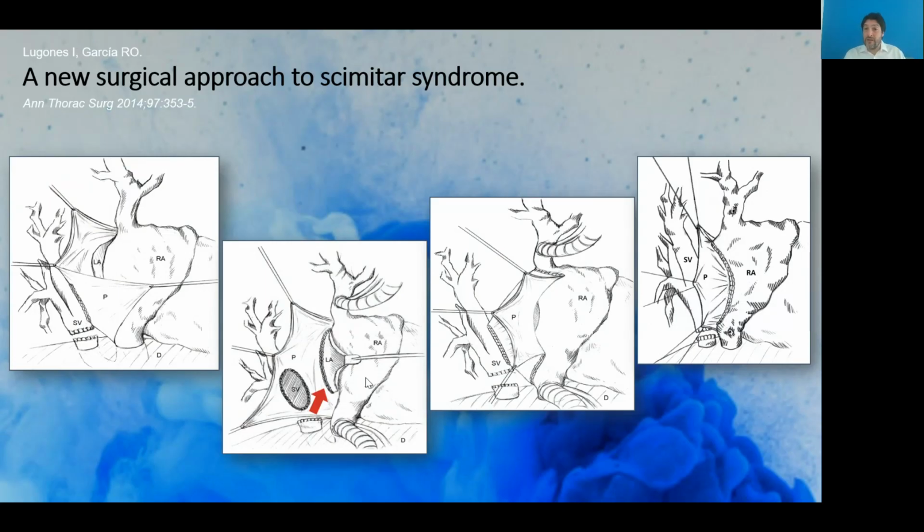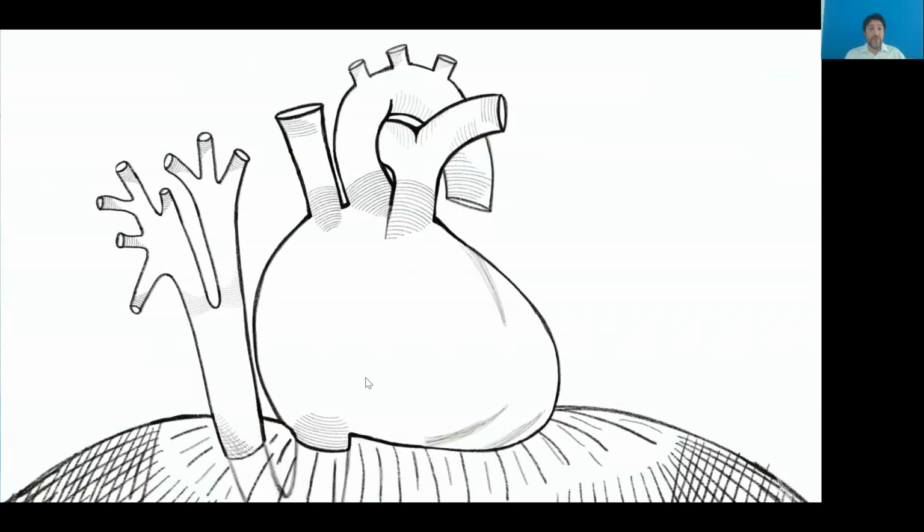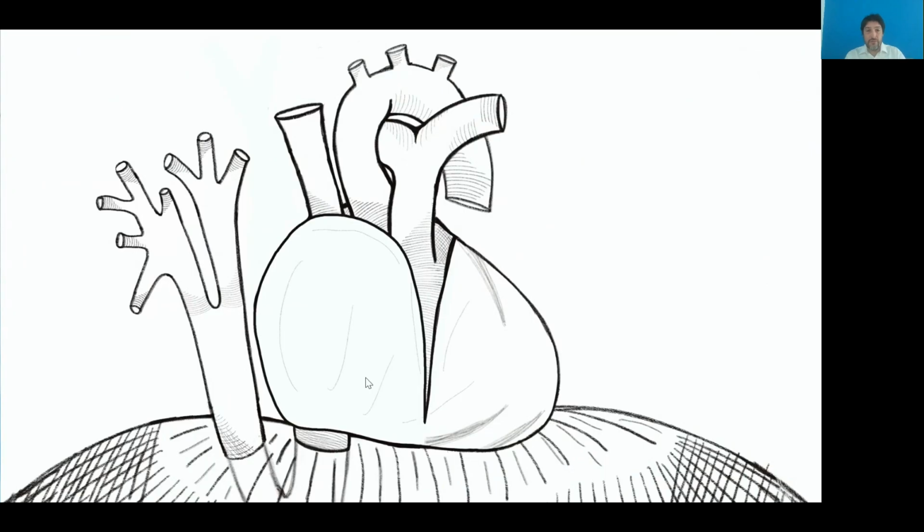The tunnel is made of living tissue. Remember that the pericardium is still nurtured with blood flow, and this native pericardium, which is alive, has the ability to grow with time. So here you will see a short video describing the procedure. As you can see, the pericardium is opened.